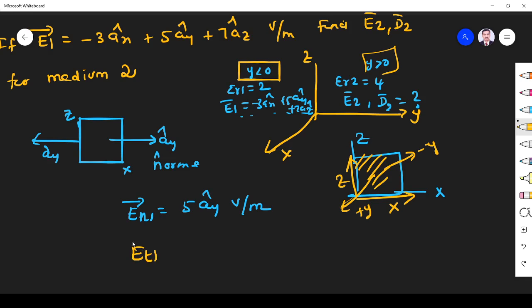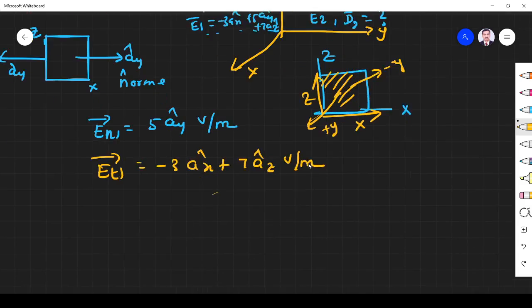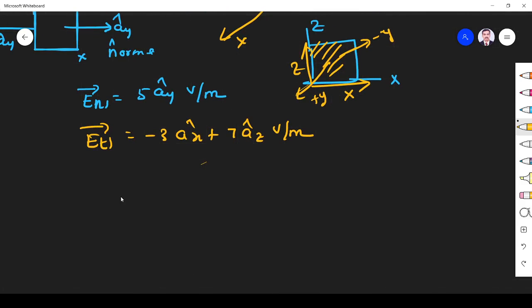So ET1 must be equal to minus 3ax plus 7az volt per meter. Are you understanding the logic? If it is varying along the y direction, x and z should be tangential to the surface, and y should be normal to the surface. Okay, now we got ET1 and EN1.